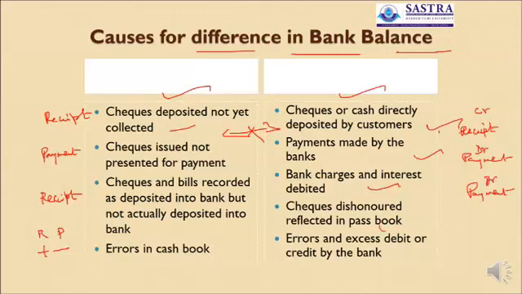Checks dishonored reflected in passbook. This is also either for credit or for debit, that happens according to the condition. Errors and excess debit or credit by the bank. This is also plus and minus, that happens according to the transactional nature. So everything are the causes for the differences in the balances between the bank and cash.